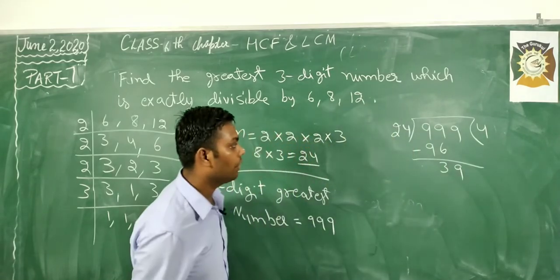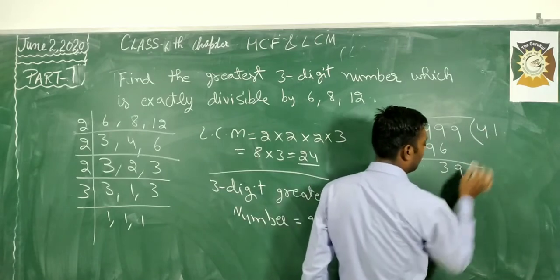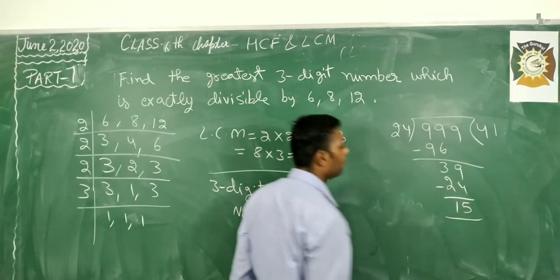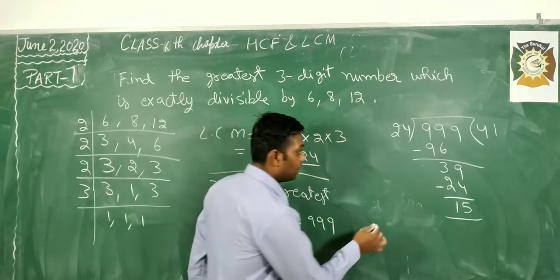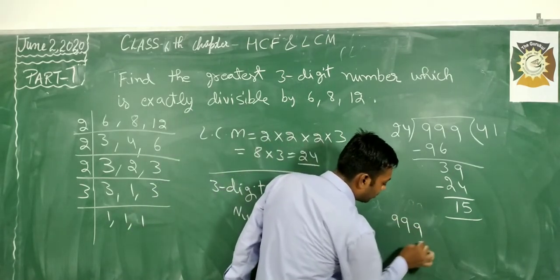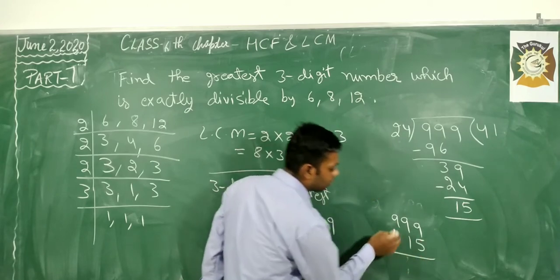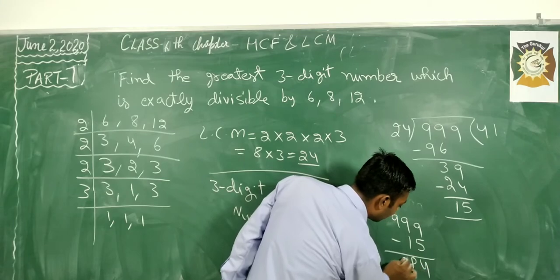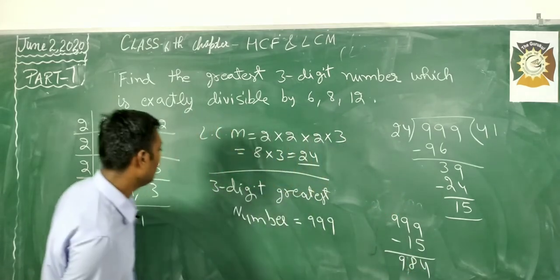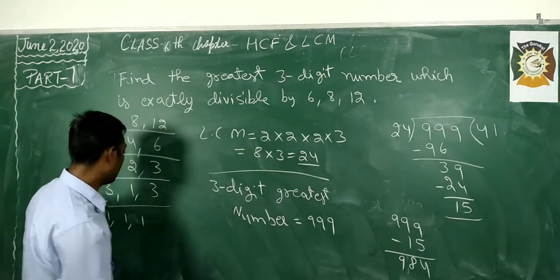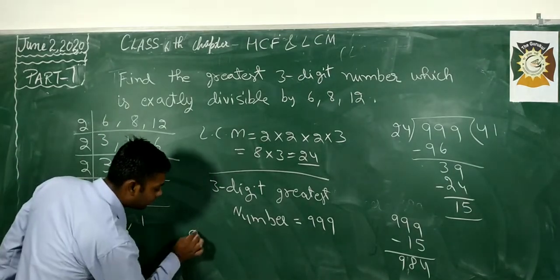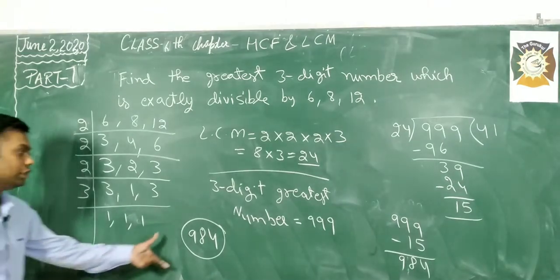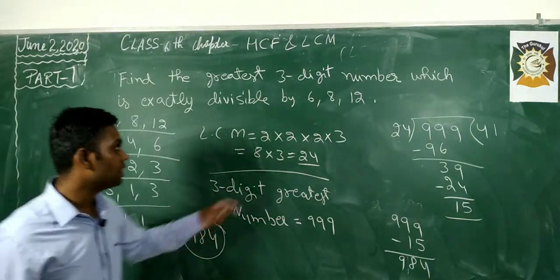Again divide by 24, and we get the remainder 15. Subtract 15 from 999, what we get? 984. I write here, 984 is our required answer, which is the greatest 3-digit number divisible by 6, 8 and 12.